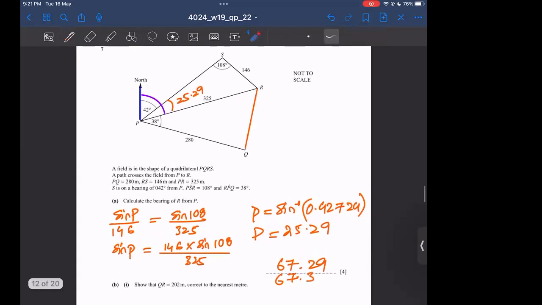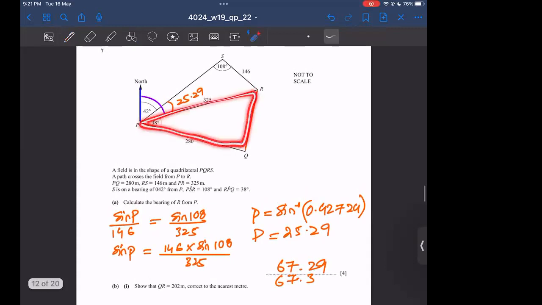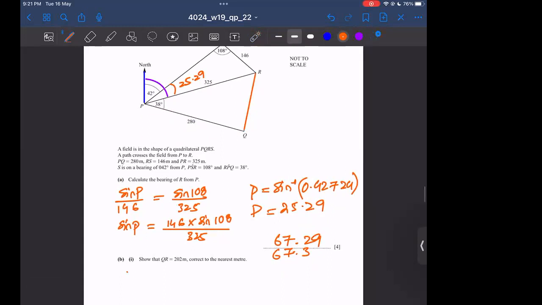So we are going to consider this triangle. We already know the two sides and the included angle. Since we have to find out the QR value, we are going to do the cosine rule here. QR square is going to be equal to 325 square plus 280 square minus 2 into 325 into 280 into cos 38.